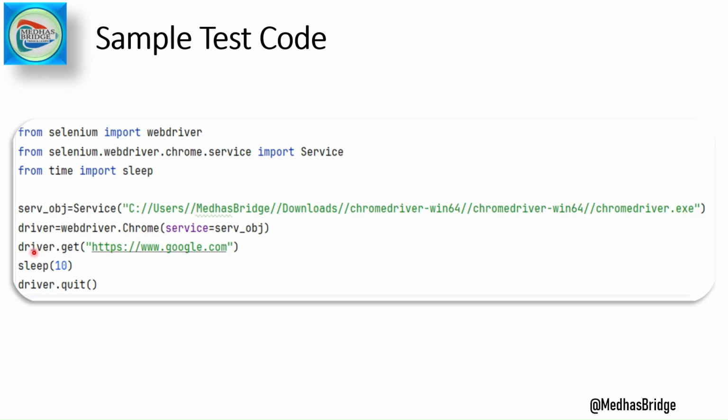Using the driver instance you open the page, then you wait for 10 seconds, then you quit the driver instance. It opens the page and closes the page after 10 seconds. That's a test that we do without manual intervention, except where you are actually running the script for this demo.